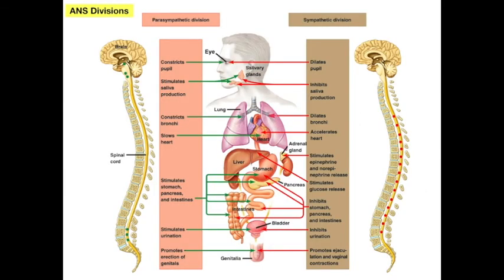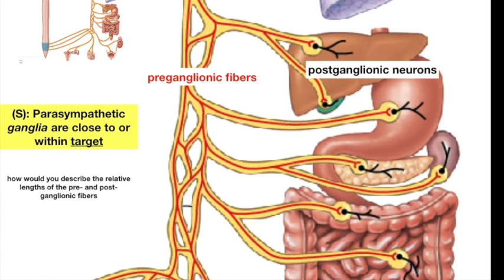So those are the functional differences between the sympathetic and parasympathetic. And to recap, your parasympathetic nervous system has those parasympathetic ganglia embedded within or close to the organ, which meant long preganglionic fibers and short postganglionic fibers.